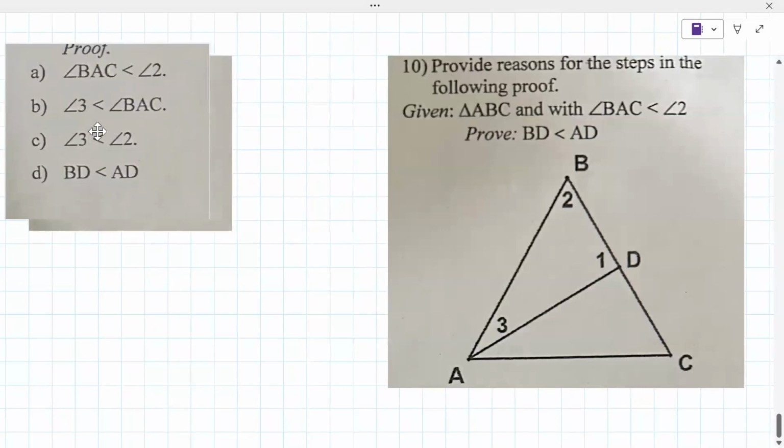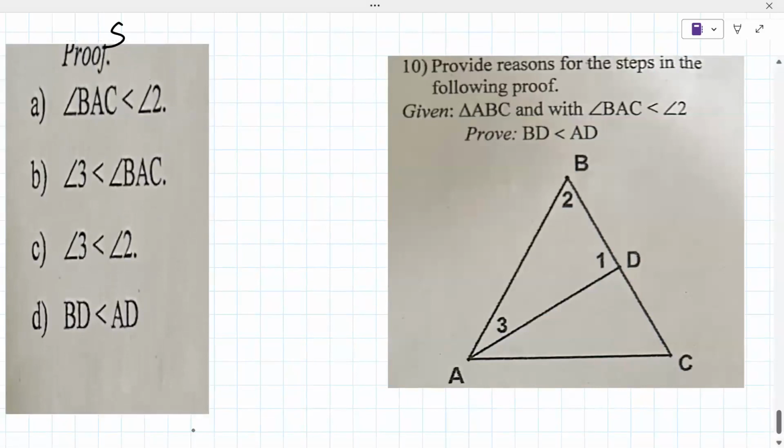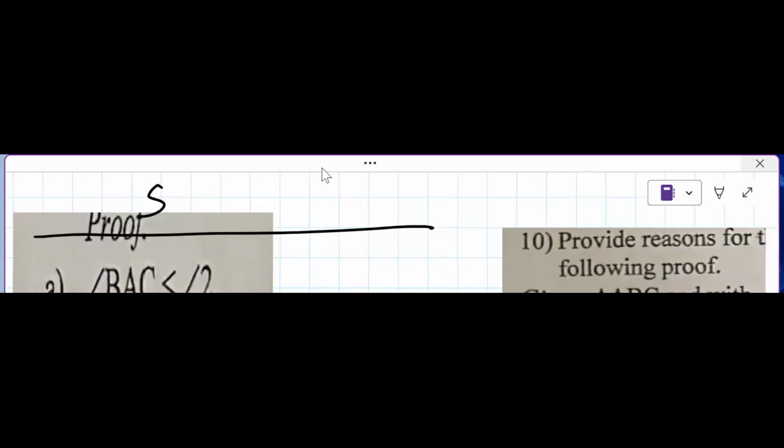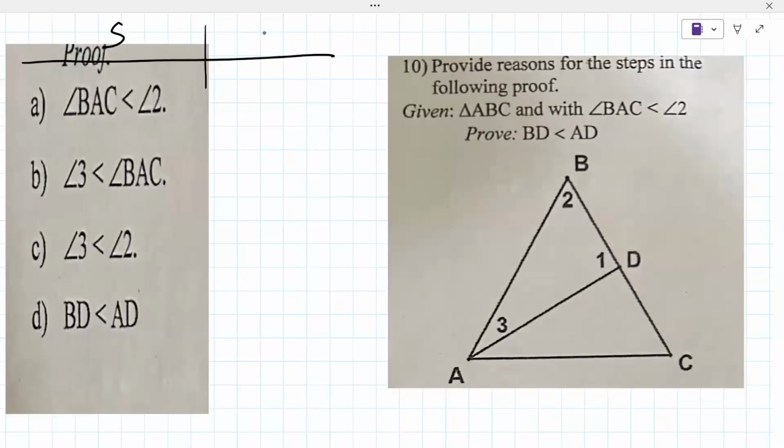It's going to scale poorly, but that's okay. So that's your statement, and then you've got a reason. What is the reason for the very first statement in any proof? Given. It is given.